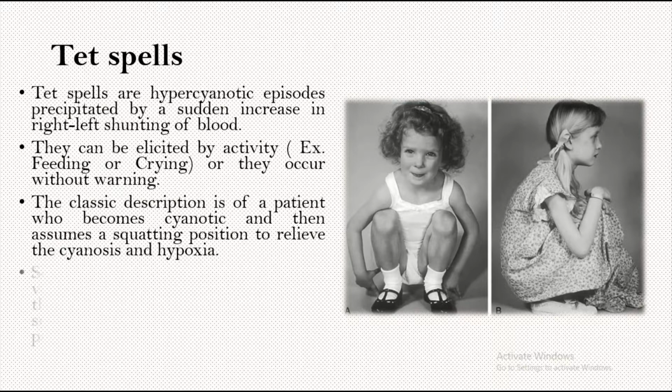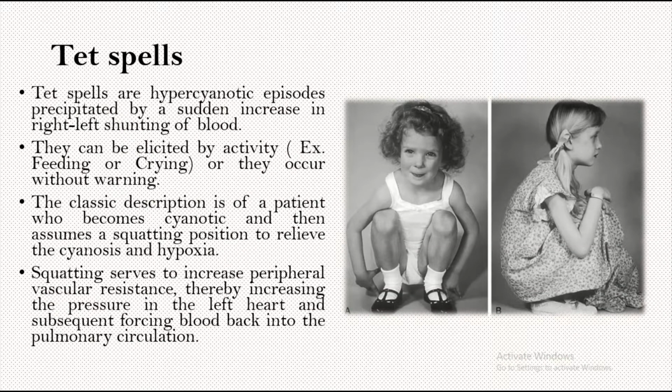Because squatting serves to increase the peripheral vascular resistance, thereby increasing the pressure in the left heart and subsequently forcing blood back into the pulmonary circulation. So it helps to relieve the dyspnea.